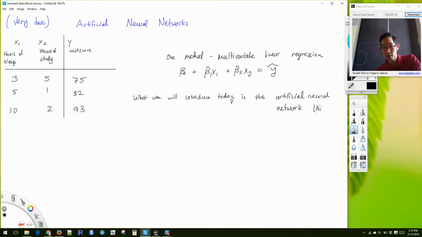Also called an ANN, okay? And basically what we have is, this is our input. This will be x1, x2, and out here we have our y hat, our output. Okay, but then we're going to put in something called a hidden layer.